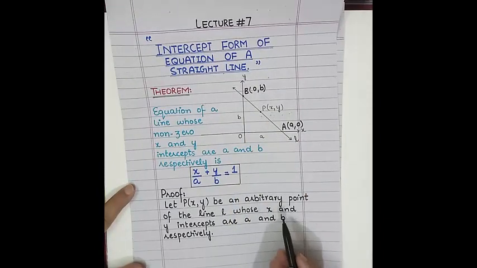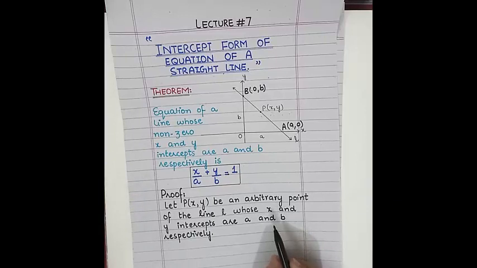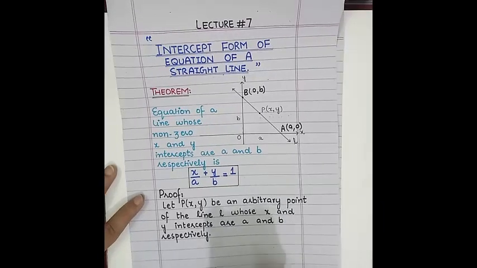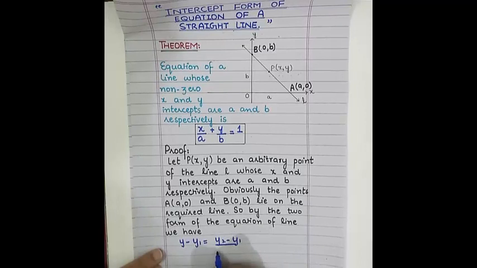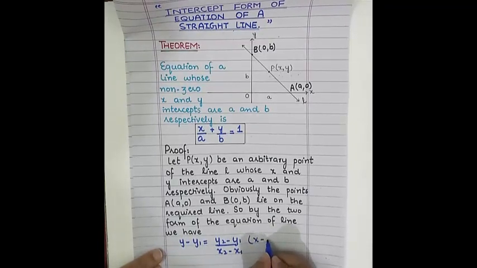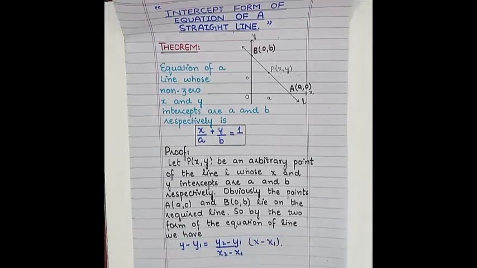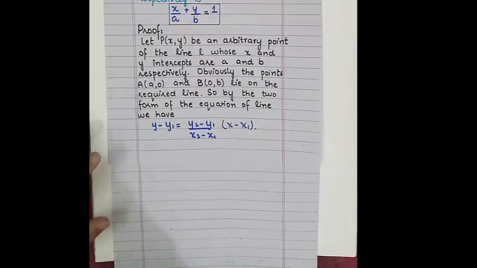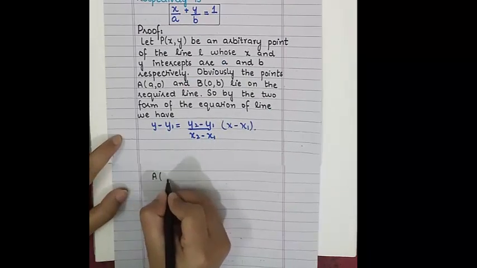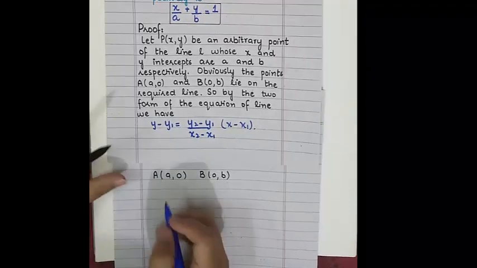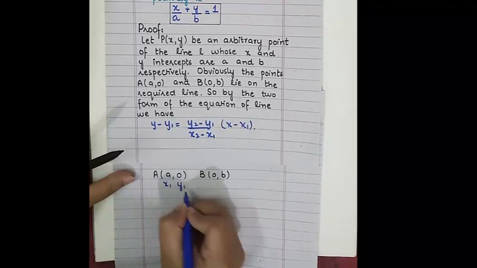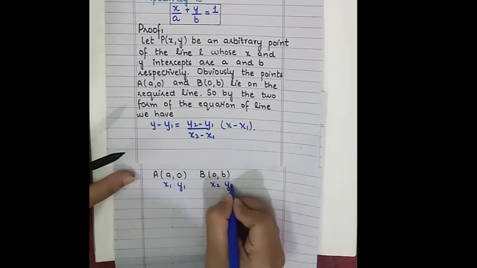So by the two-point form of the equation of the line, which we discussed yesterday, we have the formula y minus y1 is equal to (y2 minus y1) divided by (x2 minus x1) into (x minus x1). Now we have two points A and B. This is x1, y1, x2 and y2.